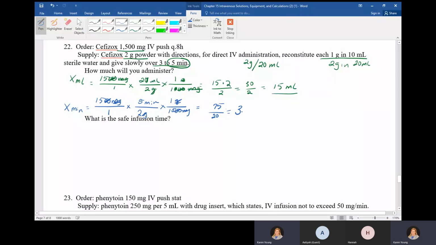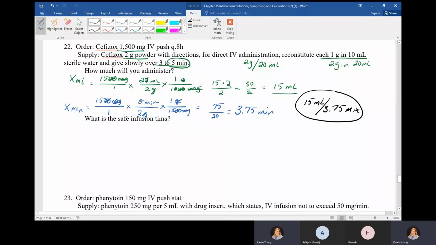I'm going to give it over 3.75 minutes. So then what I'm going to use is 15 milliliters per 3.75 minutes.